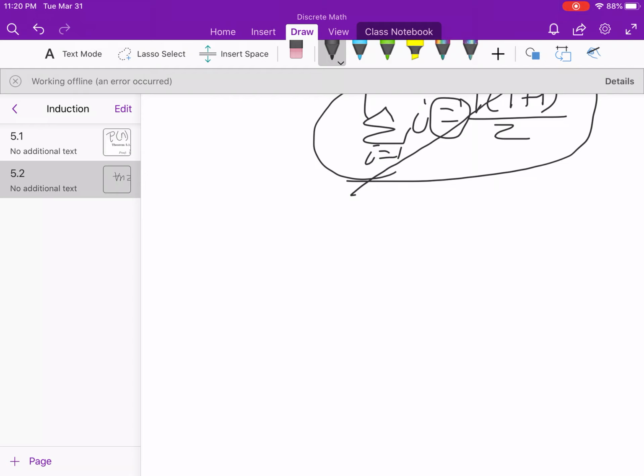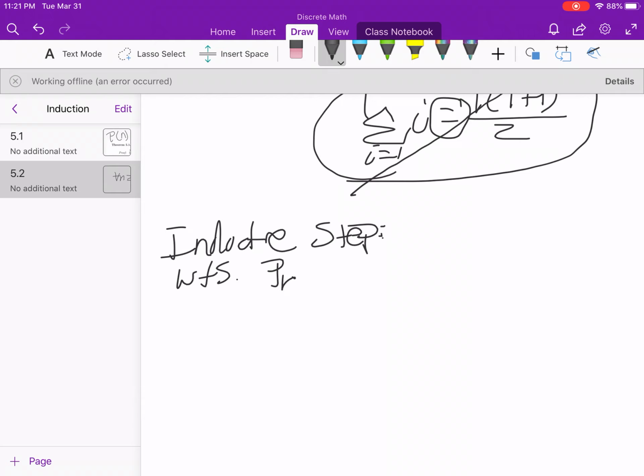All right, so now we go to the inductive step. So right here, what do I want to do? Remember that we want to show that if P of K, then P of K plus 1, right?